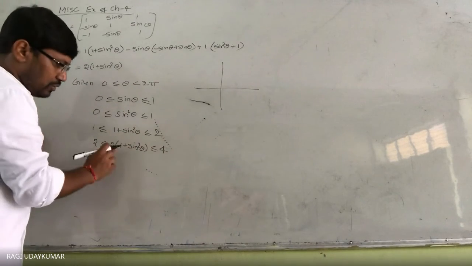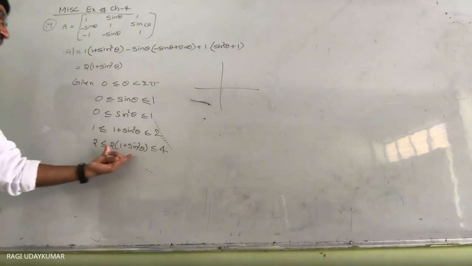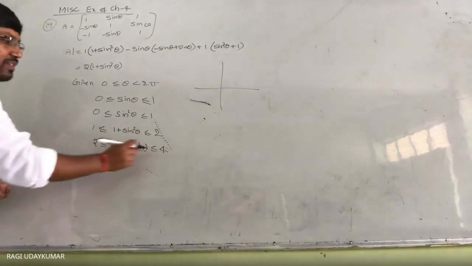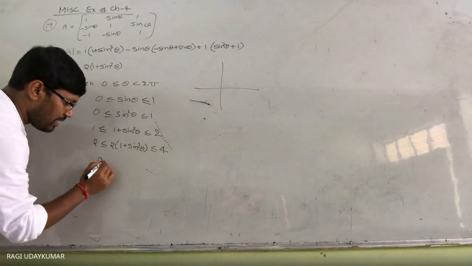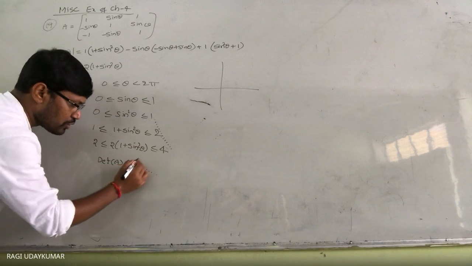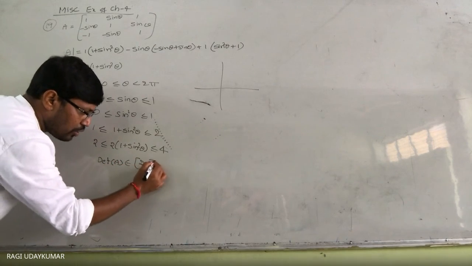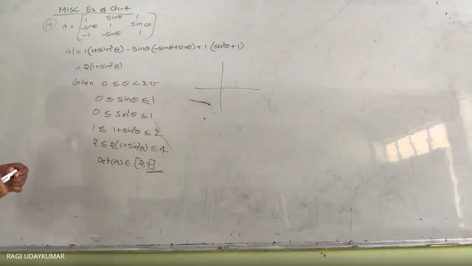So the determinant of A lies between 2 and 4. Det A belongs to the closed interval 2 to 4. So this is the final answer.